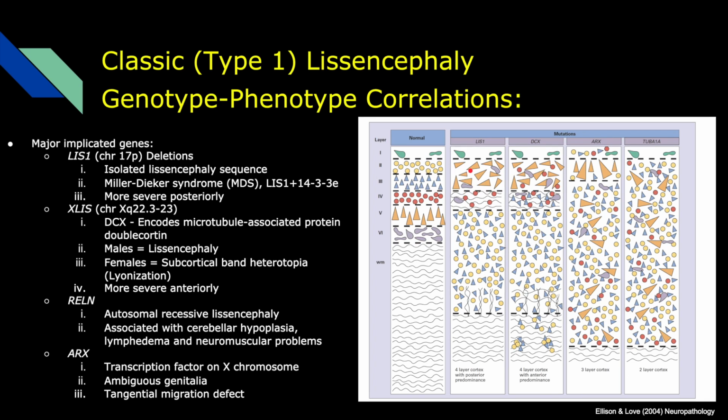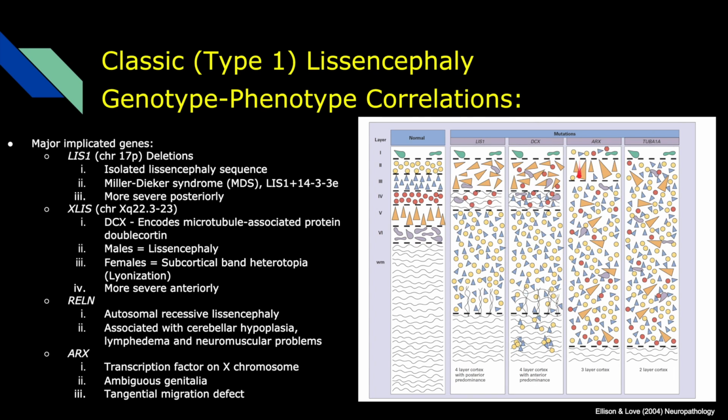Again, we said it's inverted, it's upside down, it's 4 layers, and for whatever reason, one of the clinical correlations is that there's a posterior predominance. In DCX, you get anterior predominance and a similar-appearing cortex. And then I don't know if this is actually accurate, but you can maybe get these nodules in the white matter, as we saw in the previous histological image.